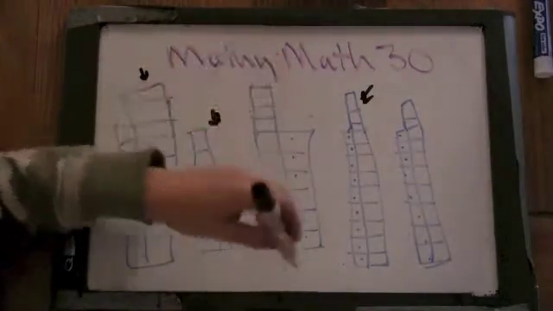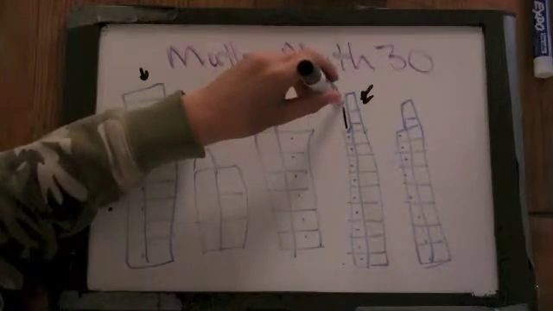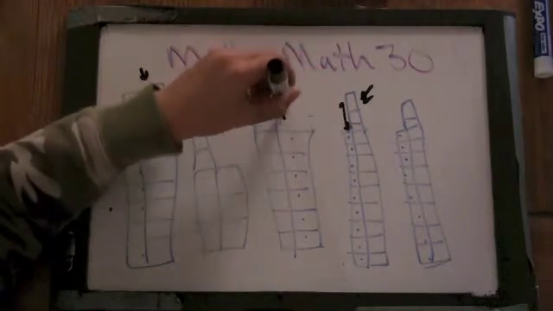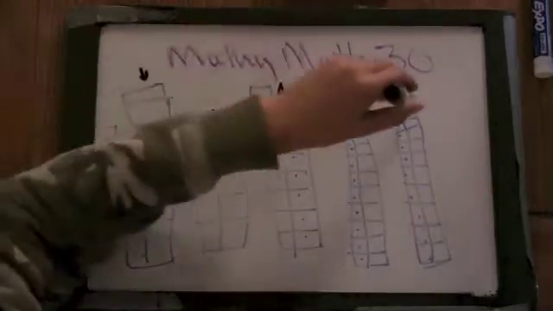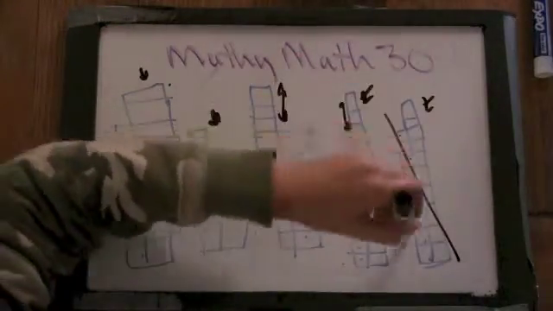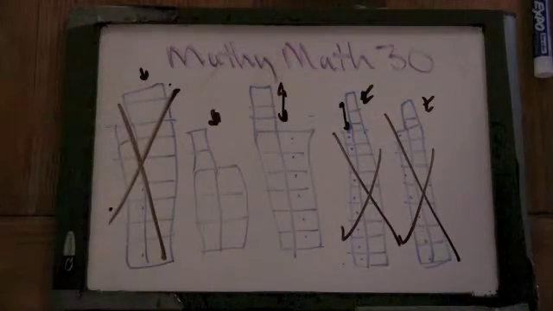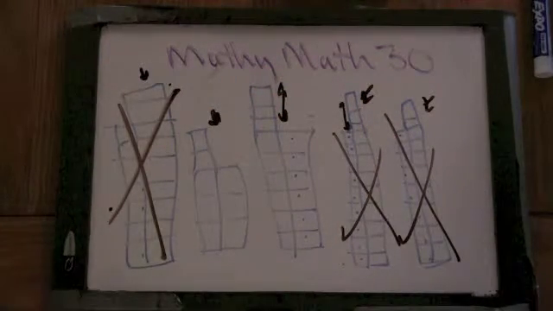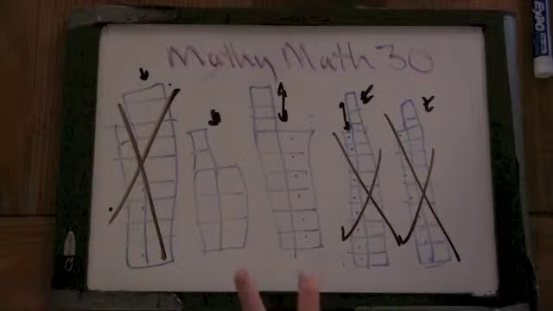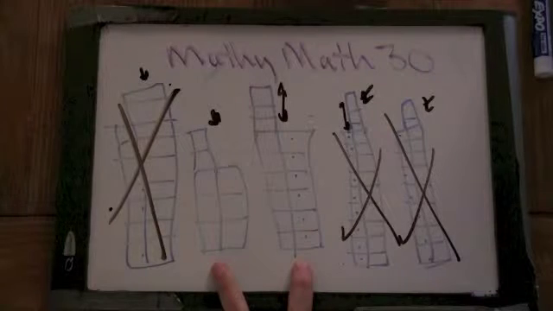There's more squares than this one, and it's the same square difference. And this is really the same thing as this one. So these you don't even have to look at. Great. So right away we're down to these two.